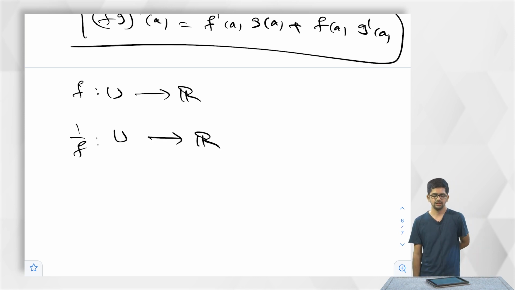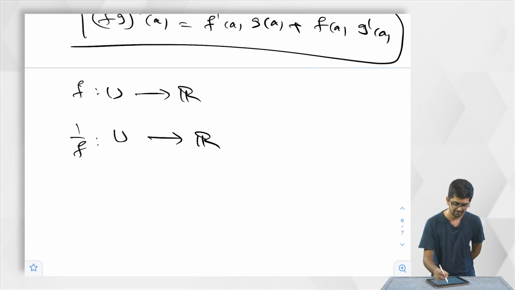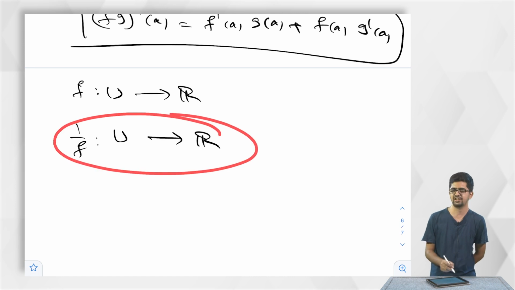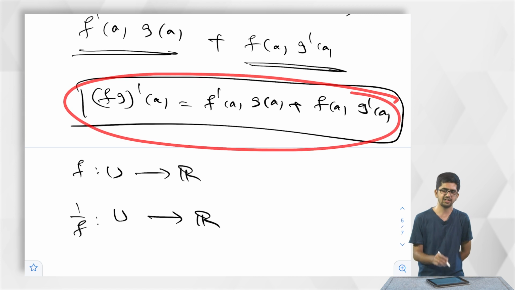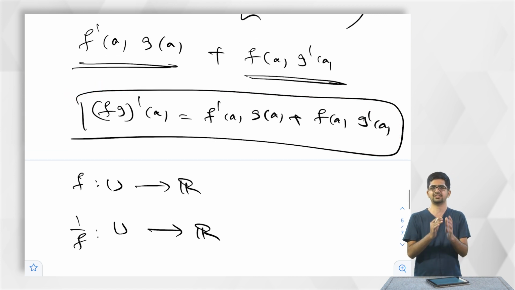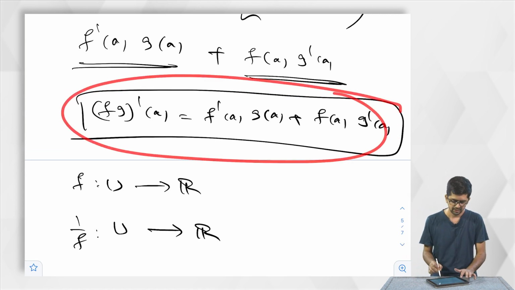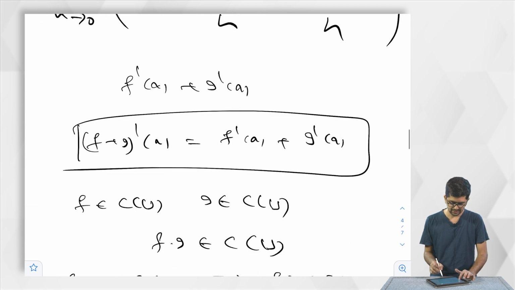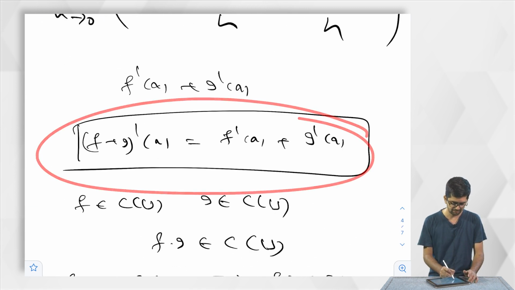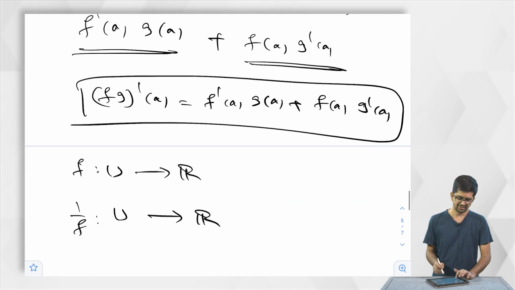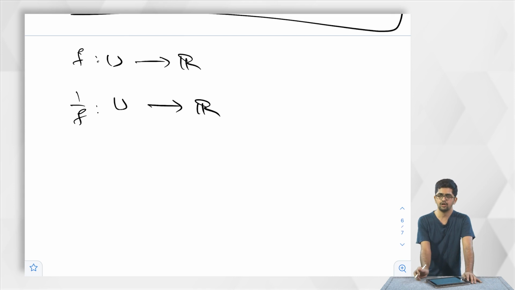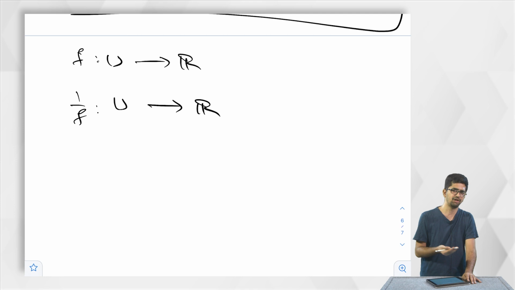Now I am checking for the derivative, or first of all we need to see whether this is differentiable, and then see, just like in the previous cases, we got the formula for the derivative, not just the existence, and for plus and also for minus. So let us first see whether we can conclude about differentiability of 1 by f, and then see whether we get a formula or not.